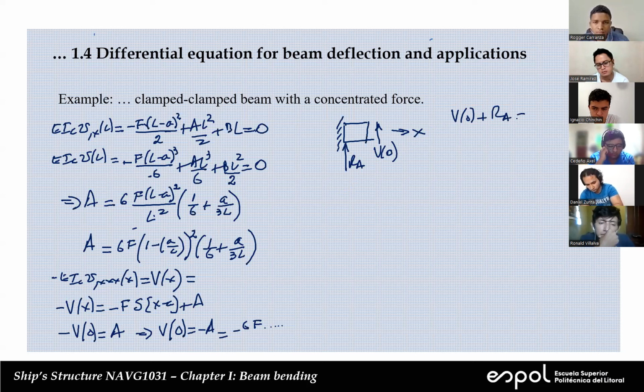So correct. So R sub A is equal to minus V at 0. So I have one negative here and one negative here. So that means that this is equal to 6F times (1 minus a over L) squared times (1/6 plus a over 3L).